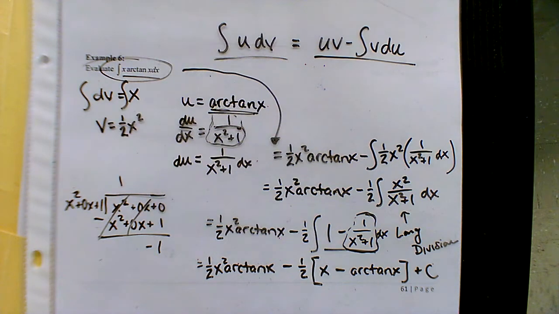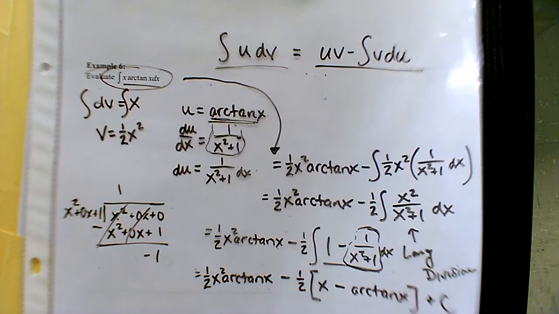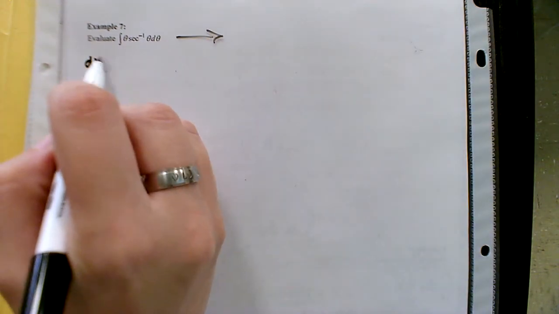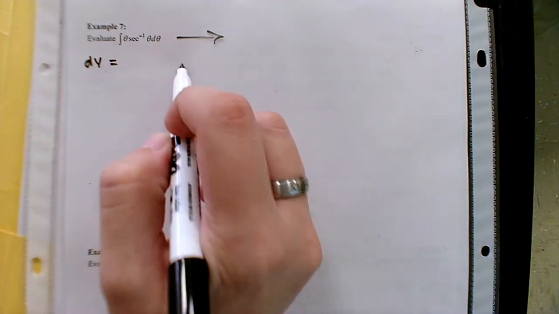I'm telling you right now, what we do today, they're going to be good ones, like this one. Little thinkers. We ready? Put our thinking caps on. Take a look at 7. All right, dv and u.